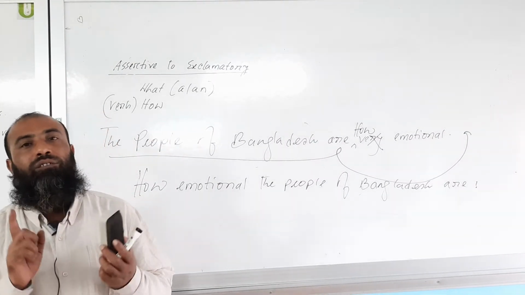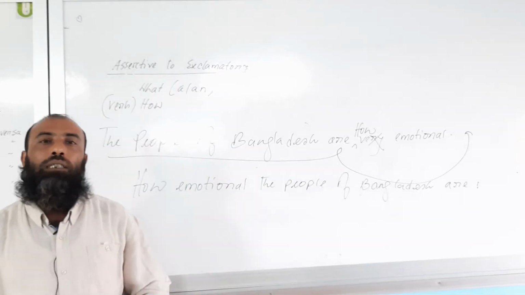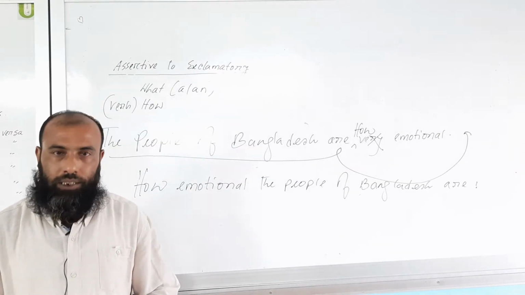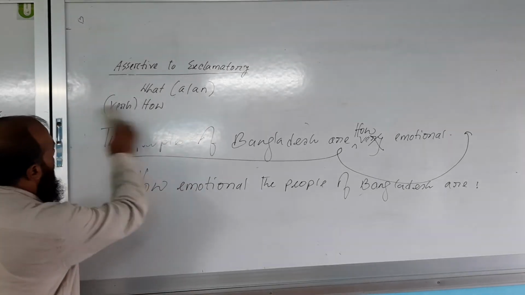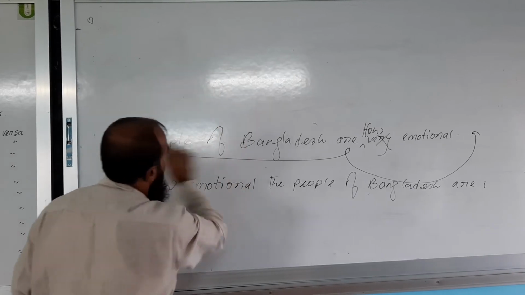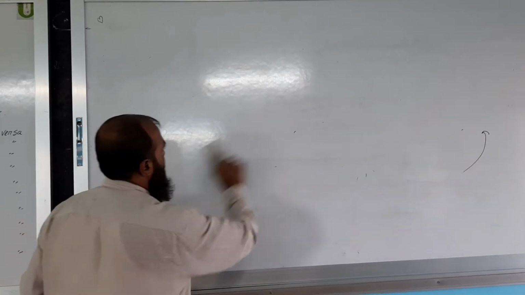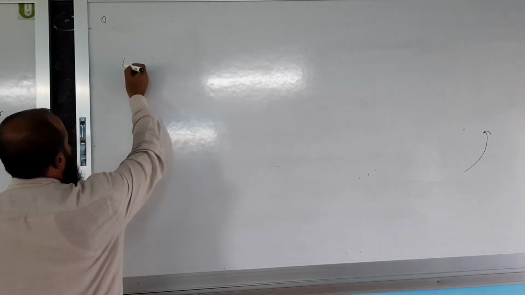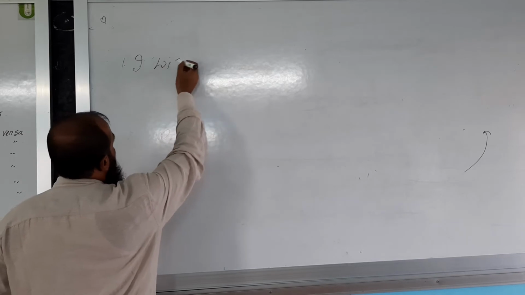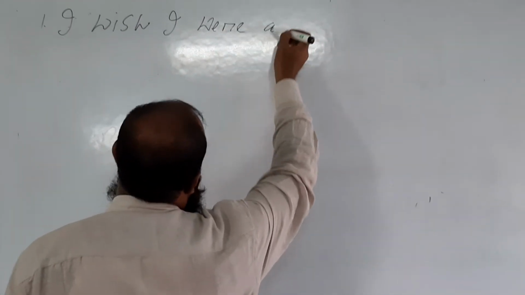But you know, every rule has its exception. In that case, the item assertive to exclamatory also has exceptions. Here you will find some exceptions. Now follow me. I wish I were a leader.